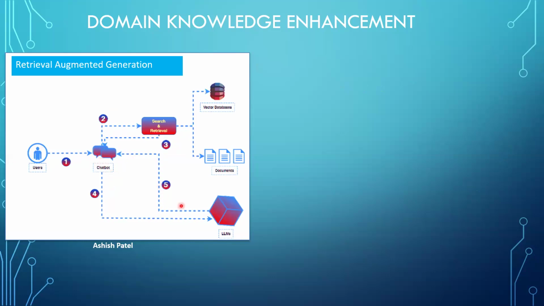Instead of going into a large language model to retrieve the answer, the chatbot will specifically go into a local vector database, where the information is retrieved based on how close the vector database information is to the query. It will locate the information that's closest to the query and pull that information out from the vector database, and then we feed it to the large language model to generate the desirable output.